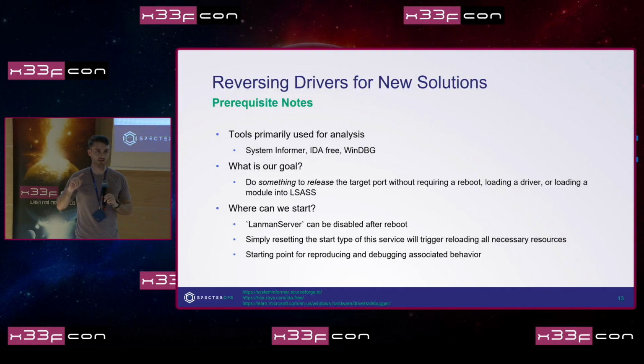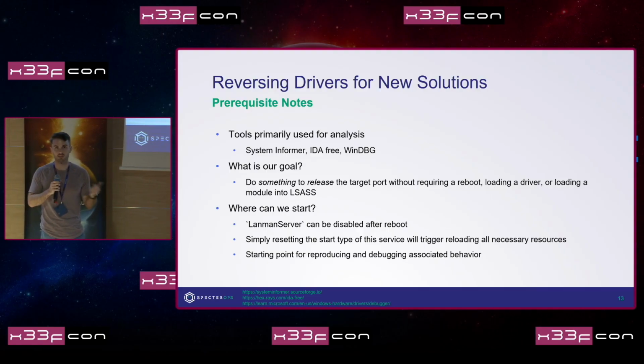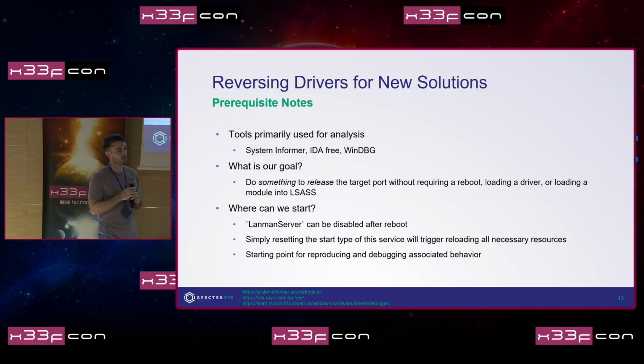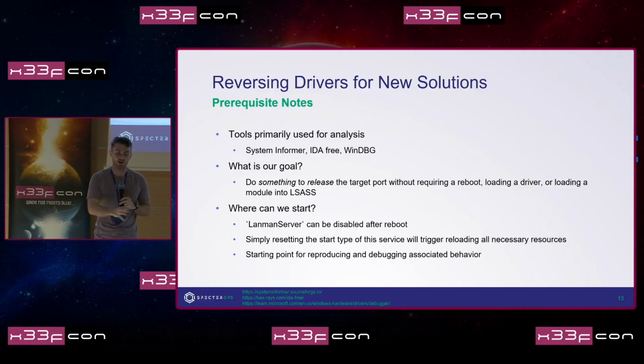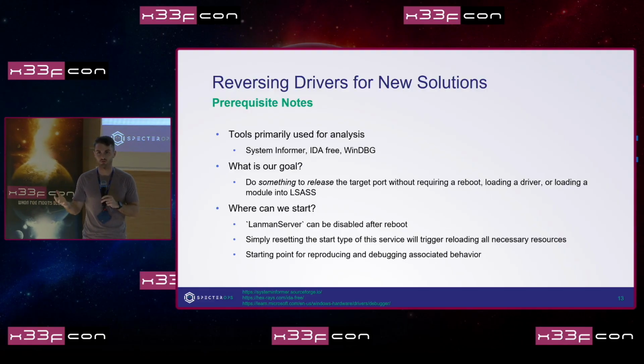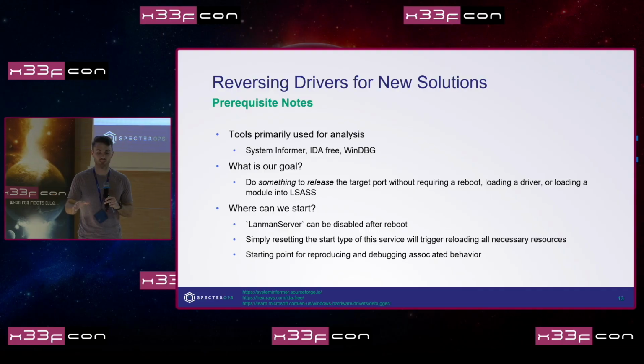But we know that we can set the LanmanServer service back to an auto start type, and it re-enables, and all of the associated resources with 445 being bound also come back into play. 445 is bound again. So this provides us a starting opportunity in terms of both dynamic and static analysis, because we can get 445 unbound, even though it's after a reboot, and we can re-enable the LanmanServer service, and 445 will rebind, so we can start to inspect what's happening under the hood there.